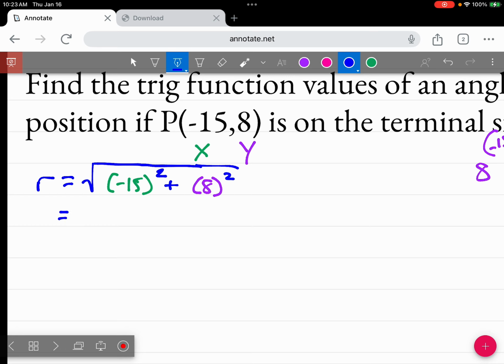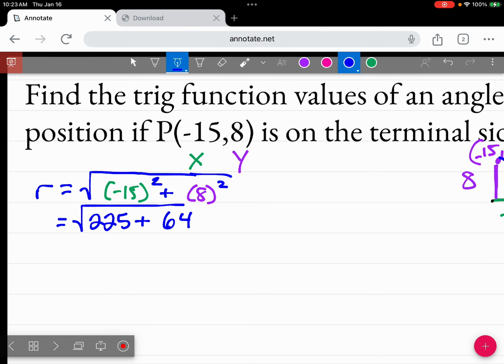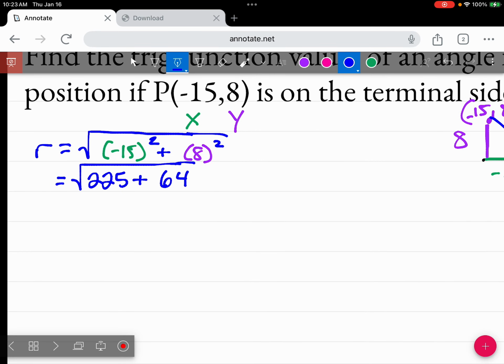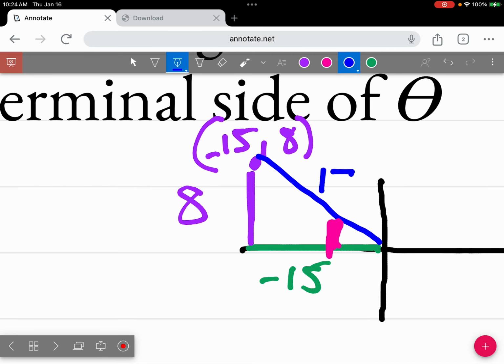So what is negative 15 squared? 225. What is our 8 squared? 64. So you thought 9, but that's okay. Just make sure we're slowing down when we're doing homework stuff. 225 plus 64? 289. What is the square root of 289? 17. So our r, our radius here, is 17.